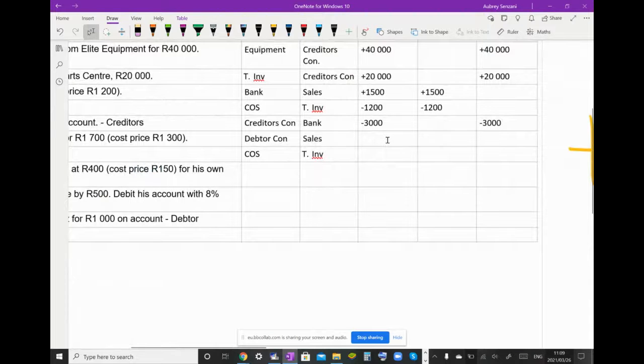Right, and we sold for 1,700, so our asset is going to increase by 1,700, but because of debtors, not because of bank, because this wasn't on cash. All right, and then sales is obviously going to increase our owner's equity by 1,700. Okay, then obviously cost of sales is going to decrease our owner's equity 1,300. And trading inventory is going to decrease our assets 1,300.